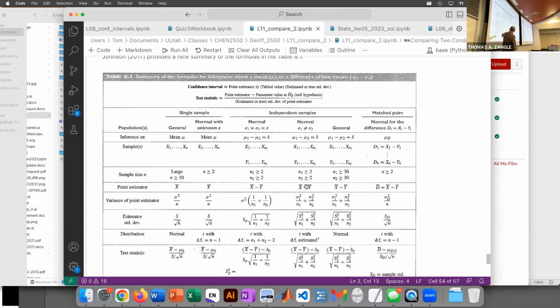For a single sample, it tells us what expressions to use, under what conditions we can use the normal distribution to compute the relevant statistics and probabilities or p-values, and under what conditions we would use the t-statistic.